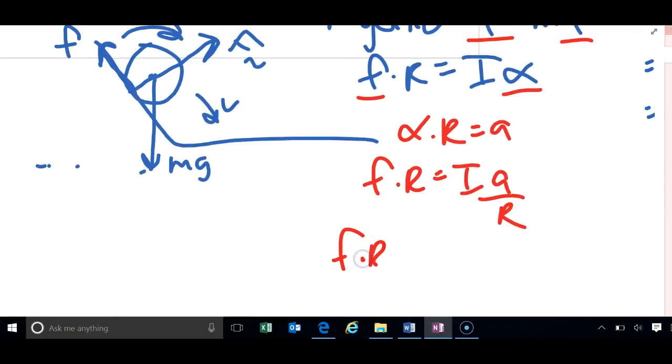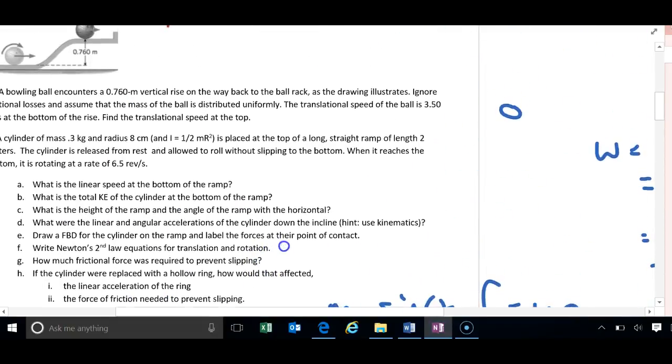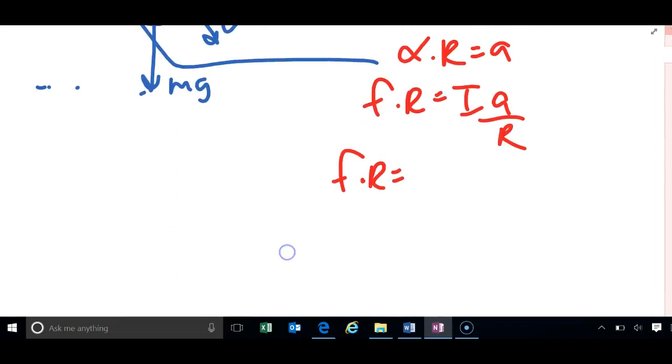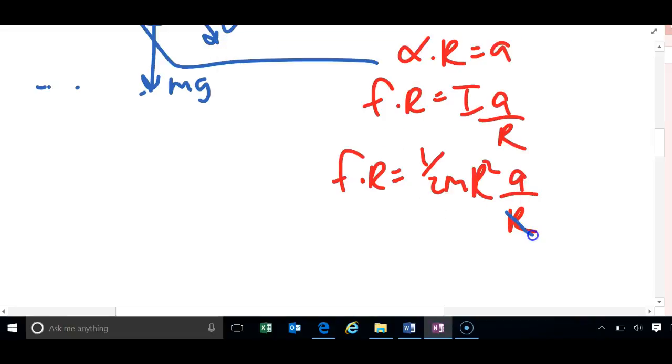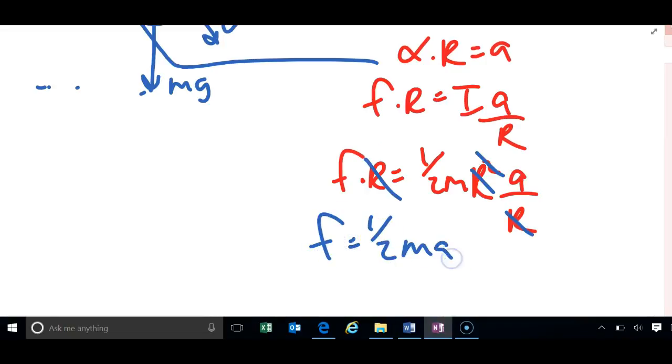F times R equals I, and I got to double check what it is. In this problem, it's 1/2 mr squared. So 1/2 mr squared a over R. Hopefully you've paid attention to this math. We've done it again and again. All the R's cancel, so I have friction equals 1/2 ma.